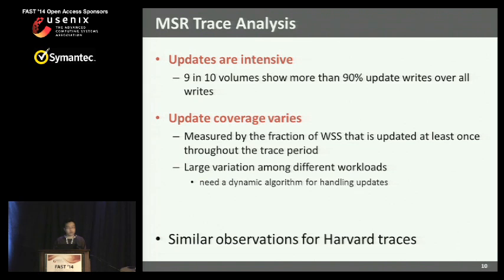We find that there's no fixed pattern. The pattern is highly varying, so we need a dynamic algorithm to handle this varying update coverage. We also make similar observations for the Harvard traces. Again, you can take a look at the paper.